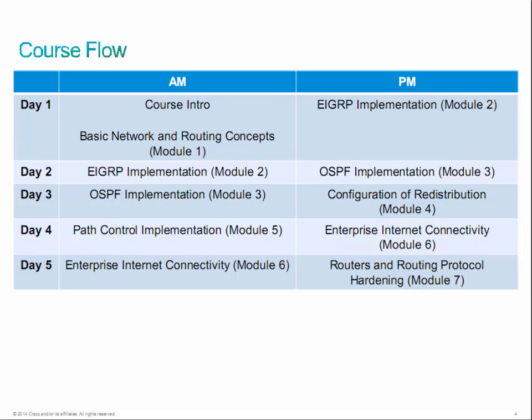Mostly in this case, we're just simply talking about management plane functions and how to secure the management plane access. And then we'll also talk about securing the control plane functionality by implementing routing protocol authentication and so on. So that's our goal for the week, and that's what we're looking to cover throughout the week.